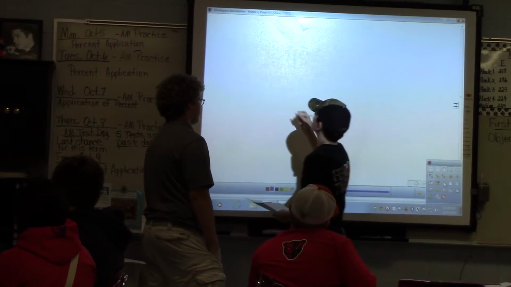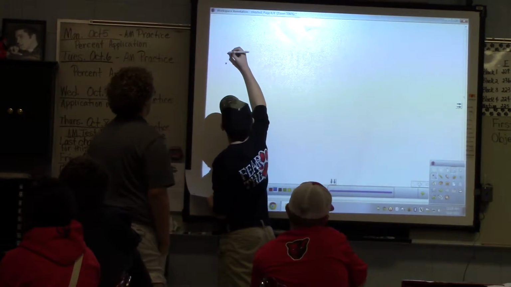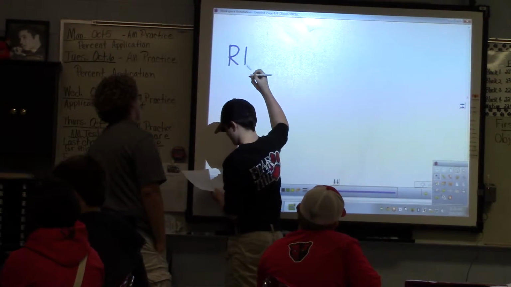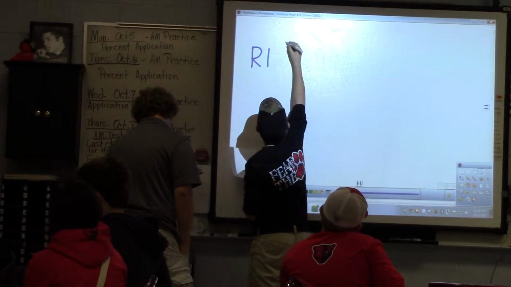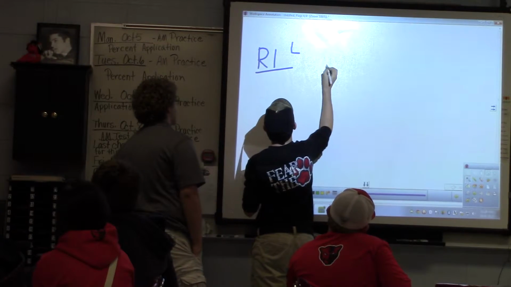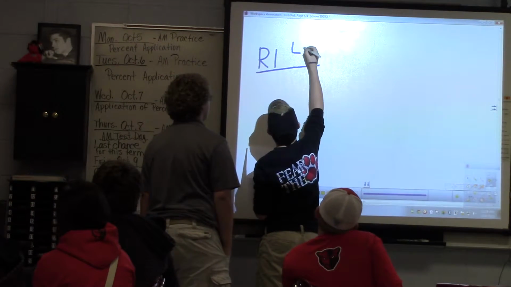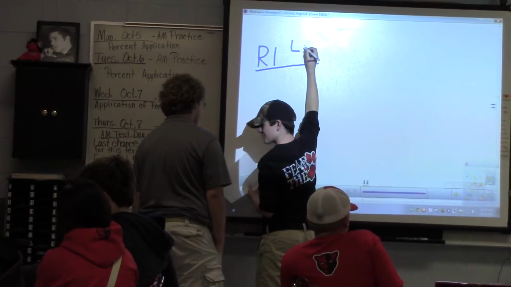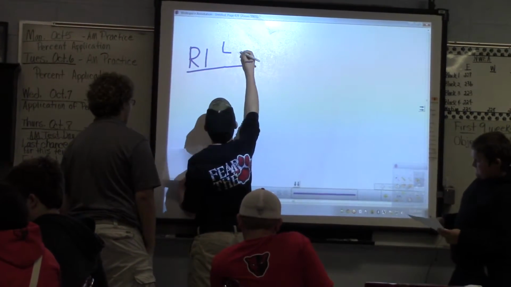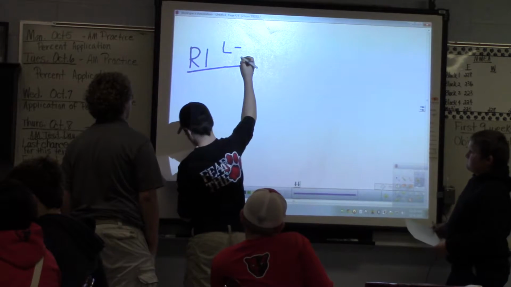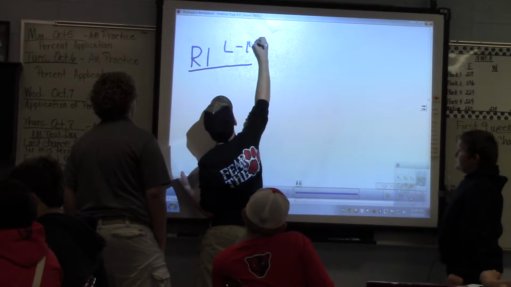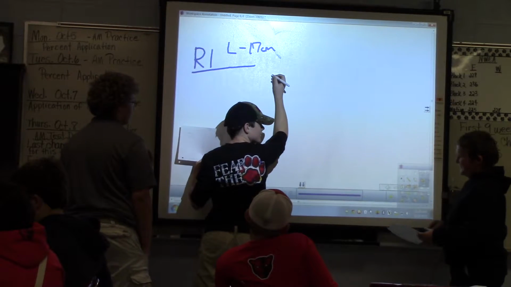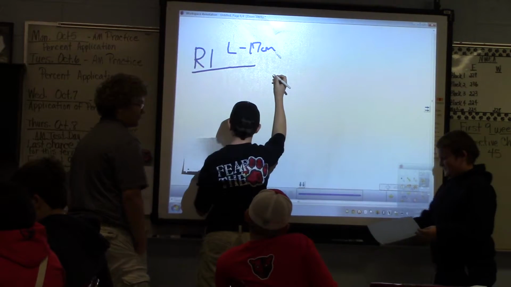So, rectangle 1. The length was 17 centimeters. You're doing it backwards, the first one. We did ours backwards.